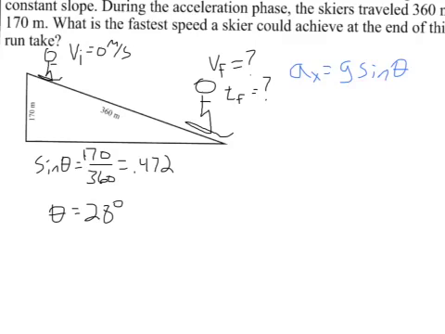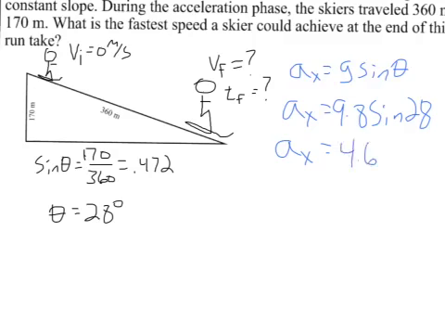So we just plug in 9.8 sine 28. Our acceleration down the ramp is 4.6 meters per second squared. And then all we have to do is apply kinematics equations to figure out our speed at the bottom of the ramp and our time.